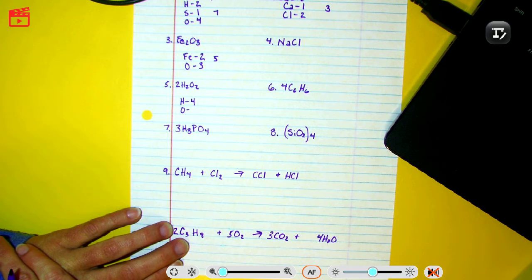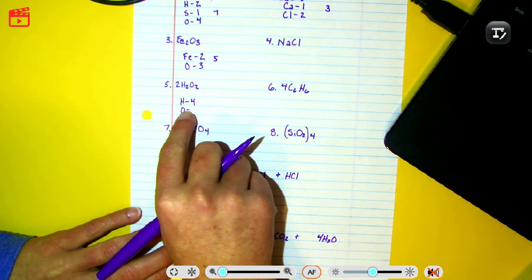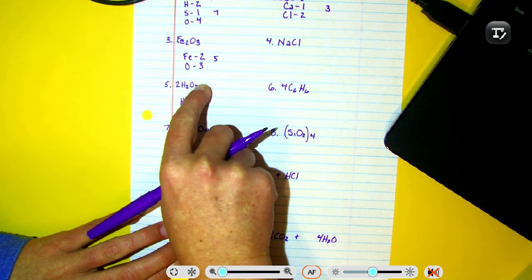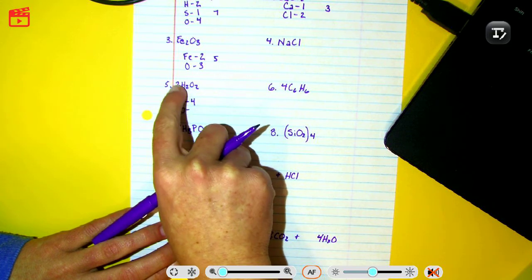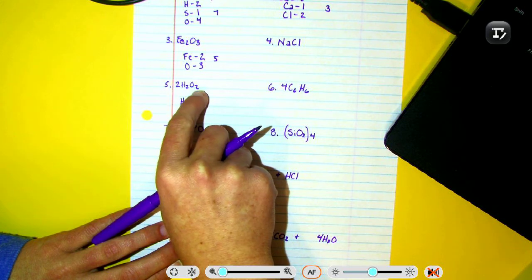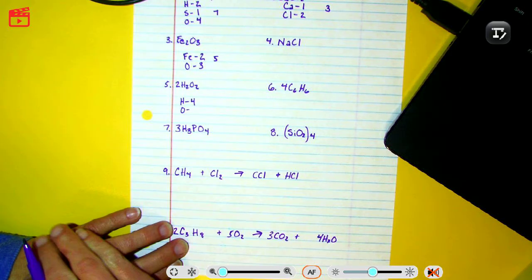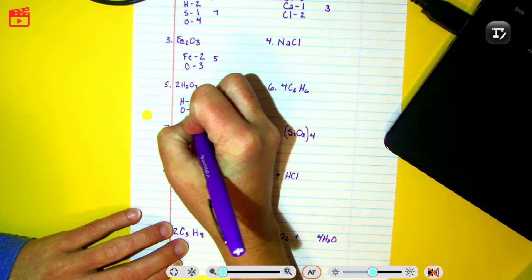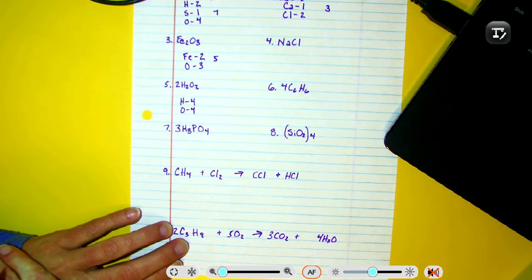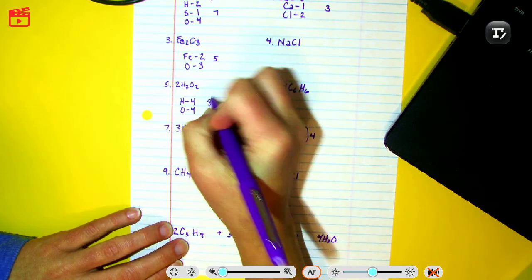All right, now do oxygen. What's its coefficient? This big number out front, so its coefficient is 2. What's its subscript? It's also 2. So 2 times 2 is 4. I total all those up, and I have 8 in total.